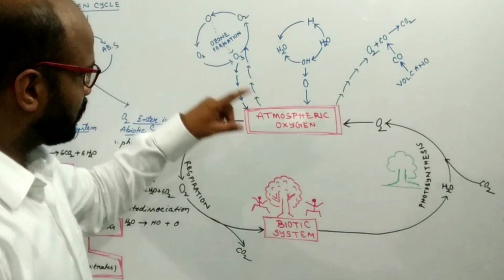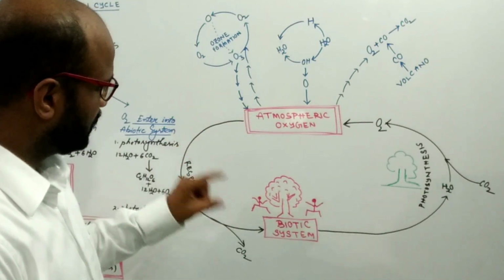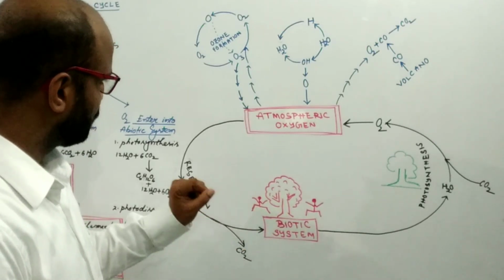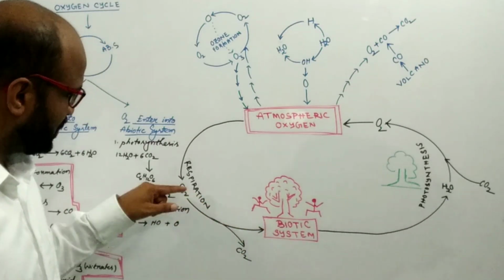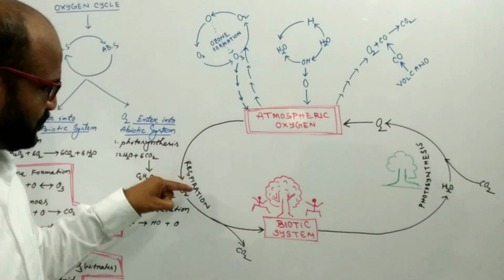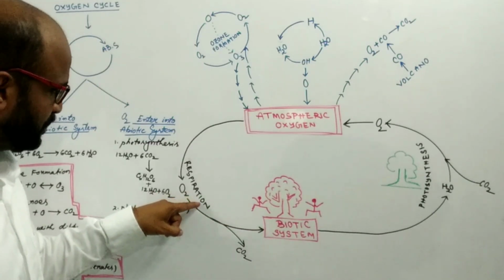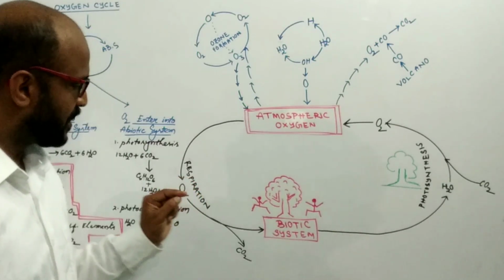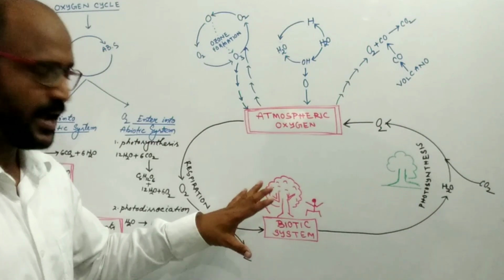This is the oxygen cycle, this is the abiotic system, and this is the biotic system. The biotic system is composed of plants as well as animals. Atmospheric oxygen enters the biotic system by the process of respiration. The atmospheric oxygen is utilized by plants and animals for respiration, the process by which food matter is oxidized into carbon dioxide, releasing energy.